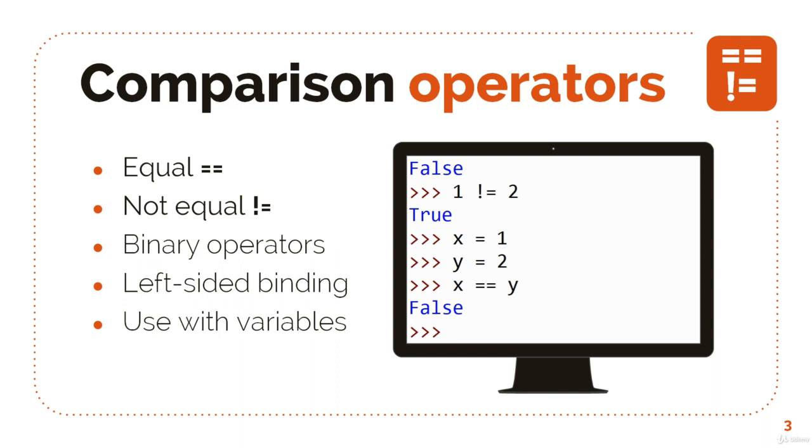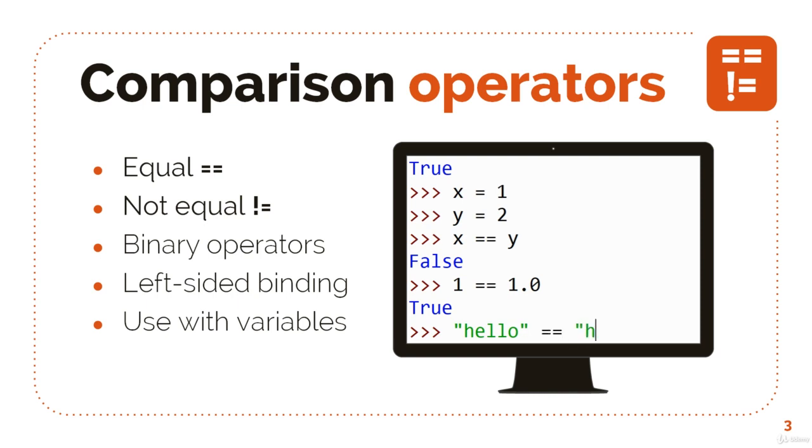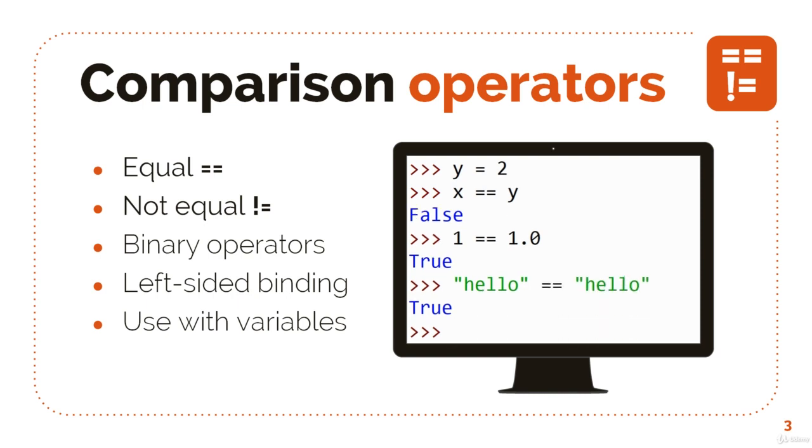An interesting thing to note is that the comparison operators can convert integers to float. For example, if I write 1 double equal sign 1.0, you get the answer true. So it gives you the correct result. And another thing to note is that these operators can also be used to compare strings, not just integers and floats, as you can see in the example.